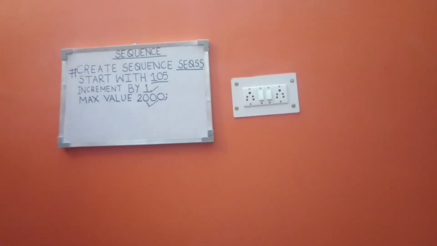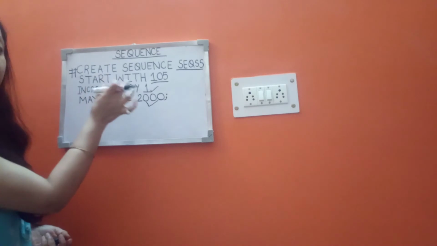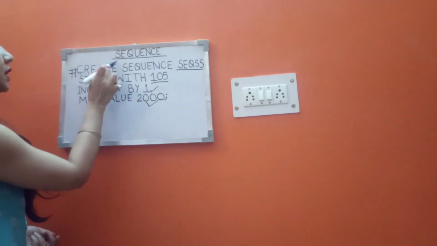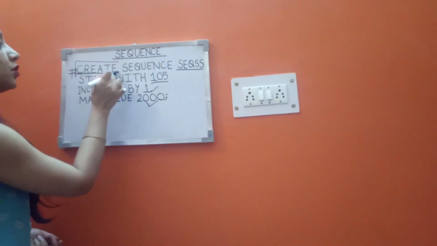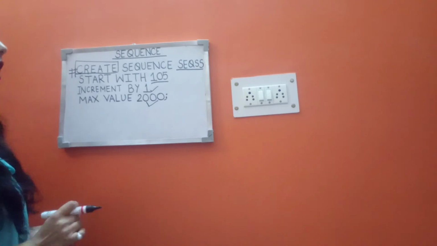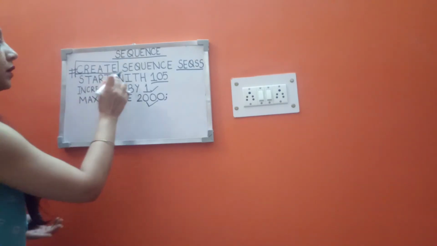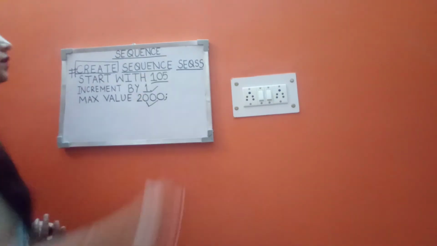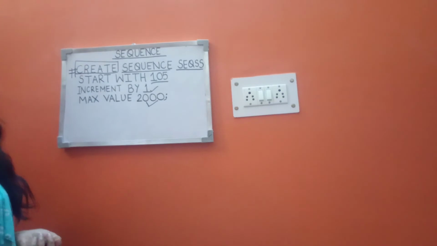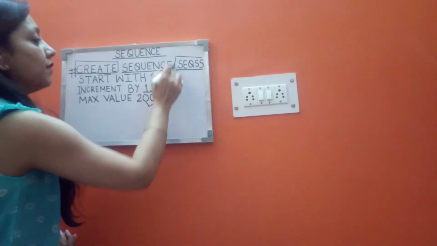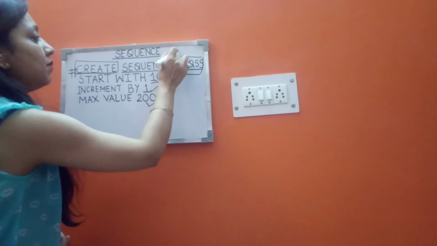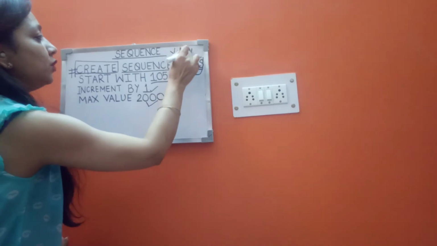Since I want to create a sequence, first of all I give the keyword create. Now what do I want to create? A sequence, so I give the keyword sequence. Now I mention the name of the sequence.